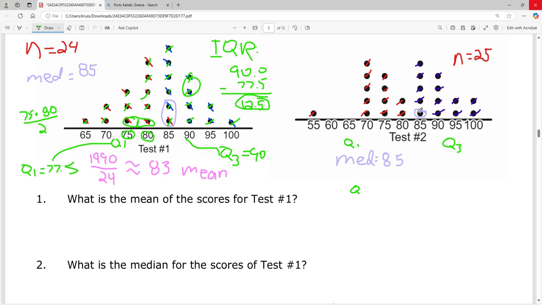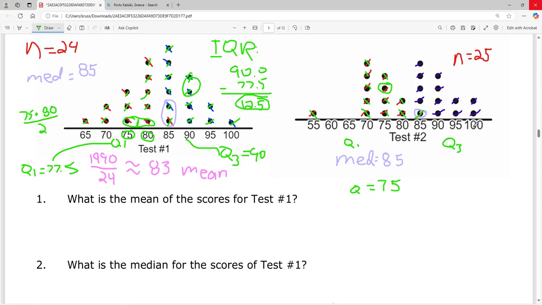The quartiles here are going to be, we count this one, 1, 1, right there and right there, and so on, and right there at 75 is our first quartile.